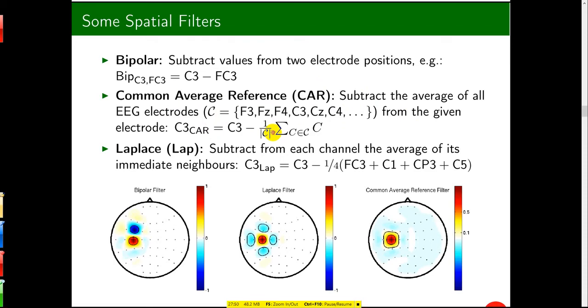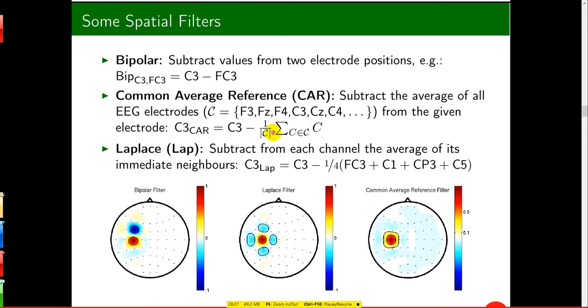What you do next is subtract that from, for example, the C3 channel. And the effect is very nice. You do this for the entire set of channels. So for example, C3 was replaced by C3 minus CAR, common average reference, and all others. You just iteratively subtract this average.